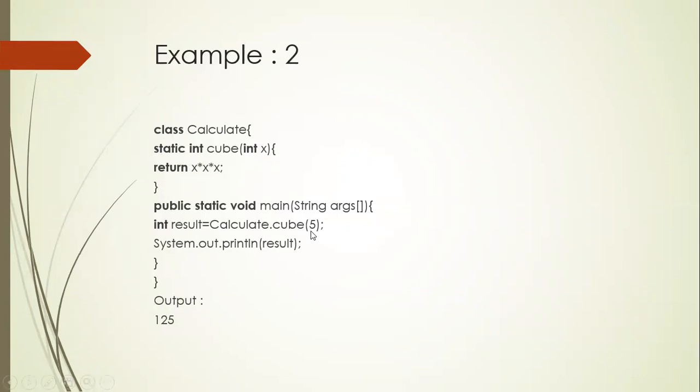What you need to infer from this is that static methods can be called without using objects, but you call them with the help of the class name, class name dot the static method name.